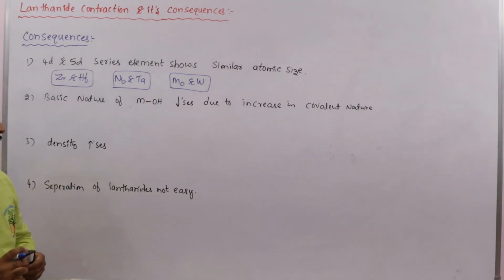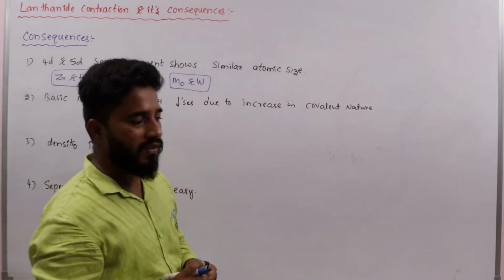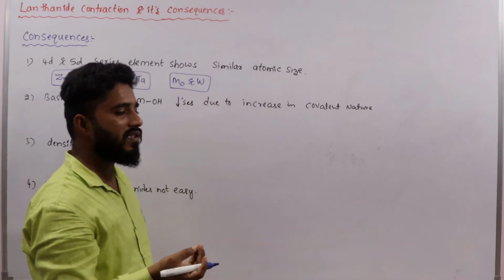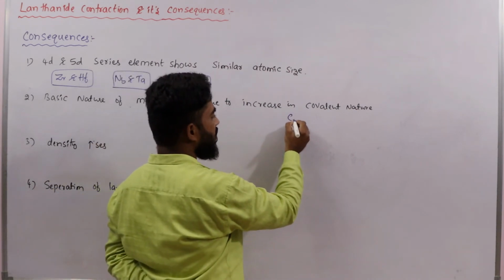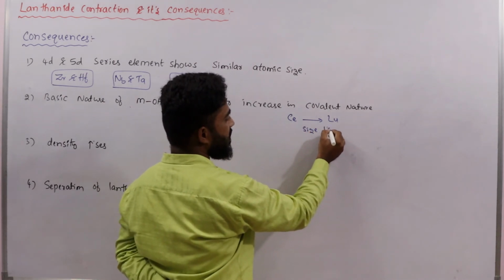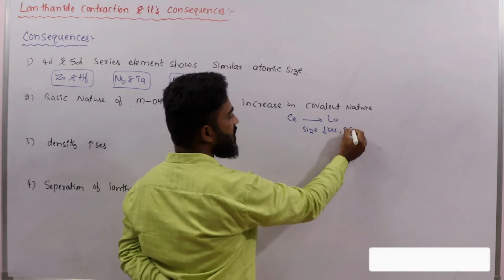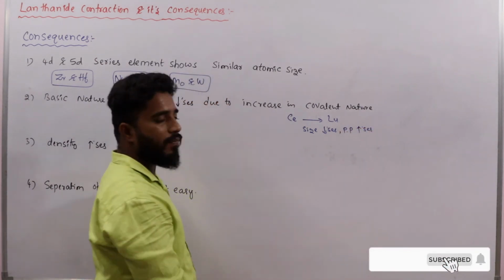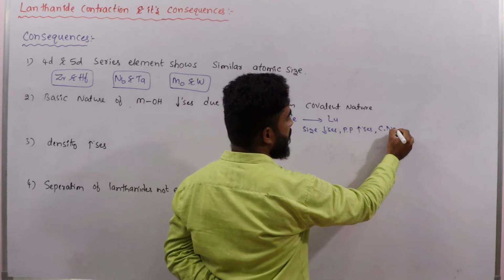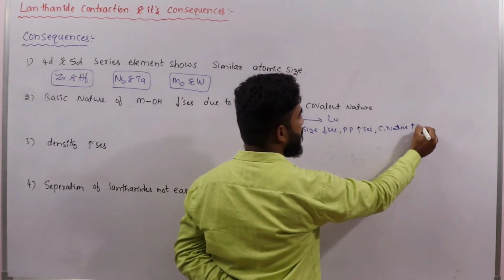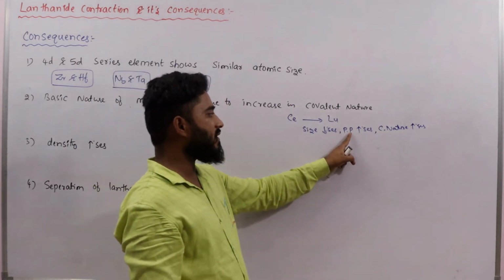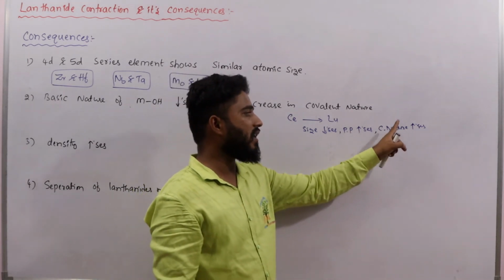As we know, as the size of the atom decreases, polarizing power increases, and covalent nature increases. This is based on Fajan's rules. From cerium to lutetium, the size of the atom decreases, polarizing power of the cation increases, and then covalent nature increases.